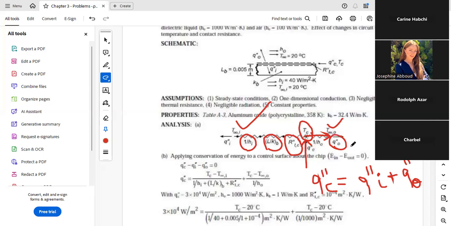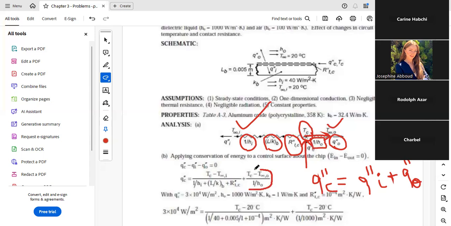Q second out is flowing in which resistance? If you look at your figure, it's flowing in the convective resistance. So you already expressed Q second out here: Tc minus T infinity out over 1 over H0.